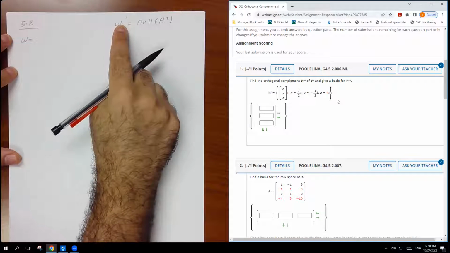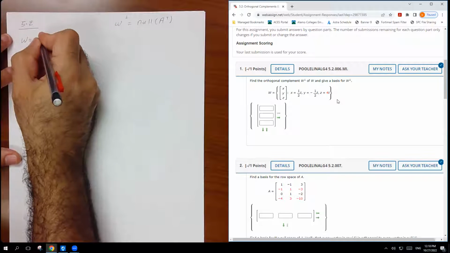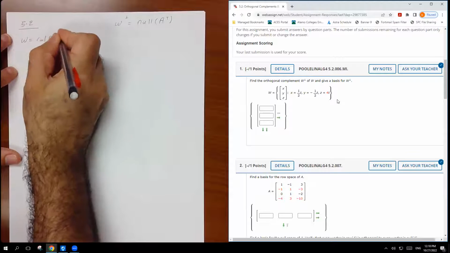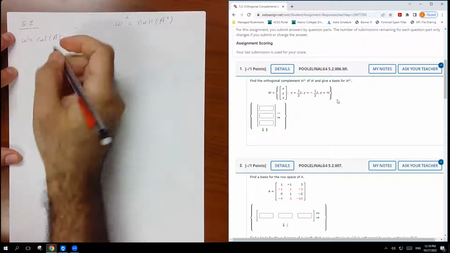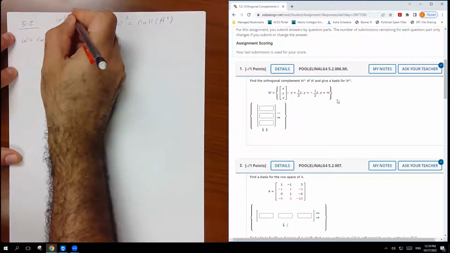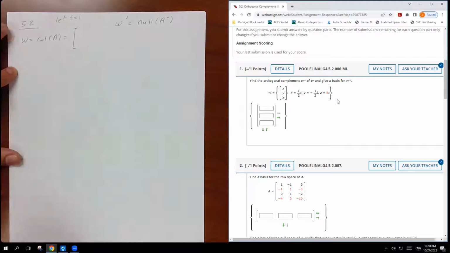W is the column space of A. I'm just gonna let T equal 1. So T equal 1, that means X is 1/2, Y is -1/2, and Z equal 4.